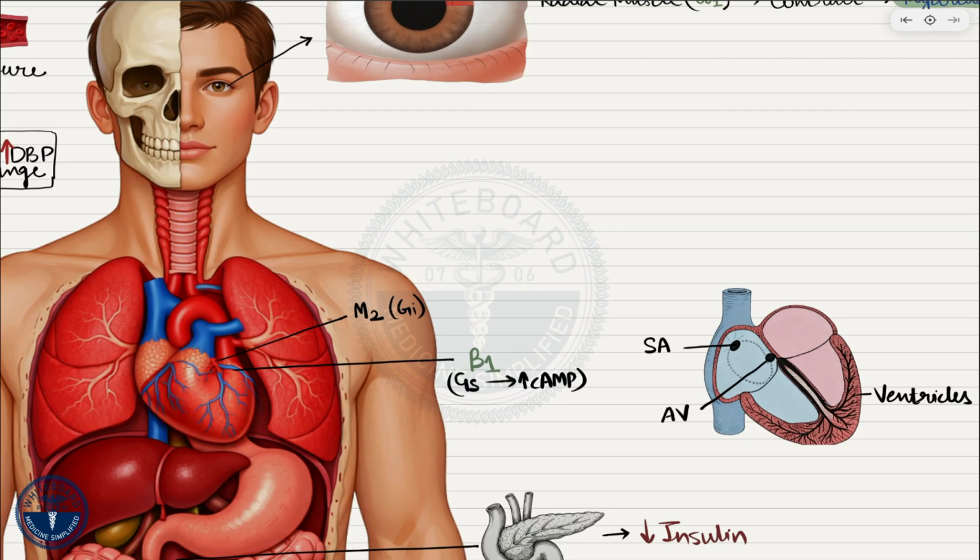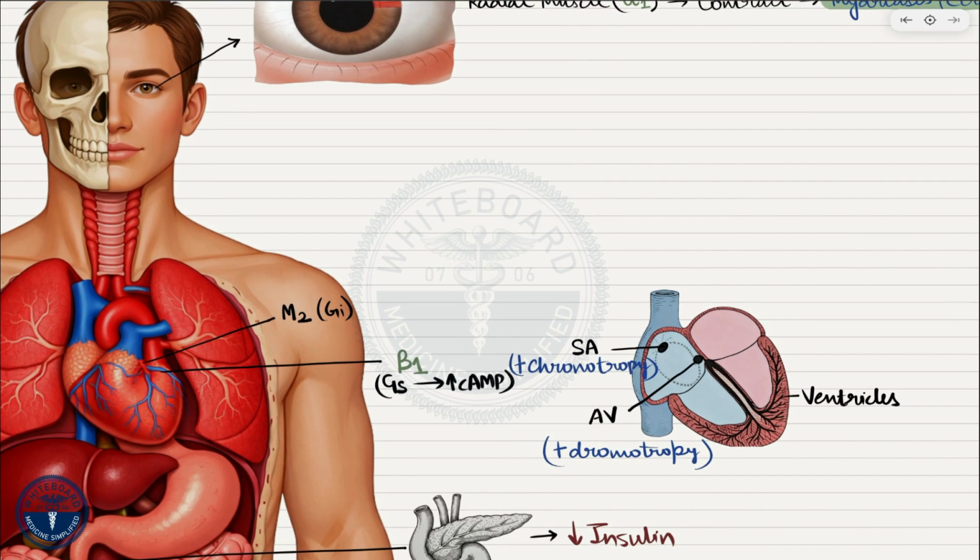As a result, stimulation of beta-1 receptors increases the heart rate, that is positive chronotropic effect, increases the conduction velocity through the AV node, positive dromotropic effect, and increases the force of cardiac contraction, positive inotropic effect. In simple terms, beta-1 receptor activation makes the heart beat faster, conduct impulses more rapidly, and contract more forcefully.